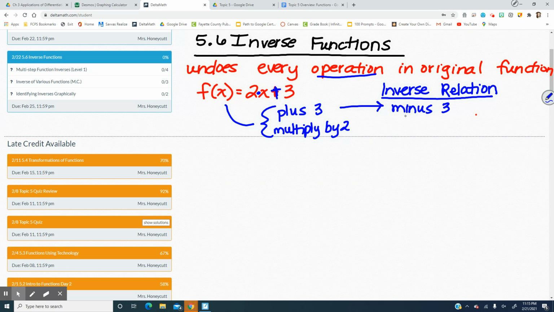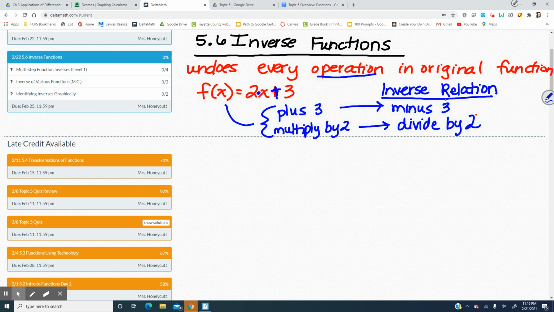It will also have an operation that will undo the multiplying by 2, so it will also involve dividing by 2.